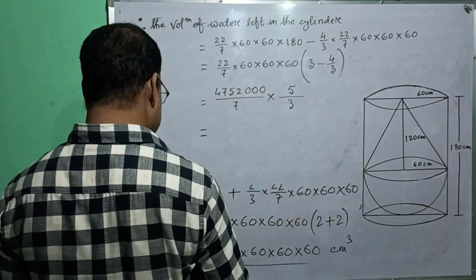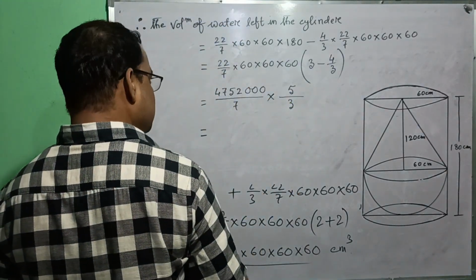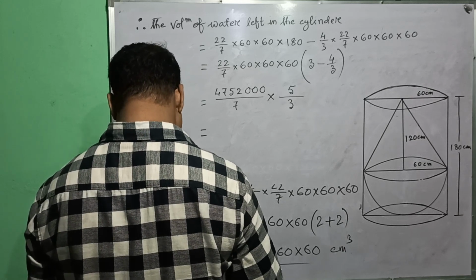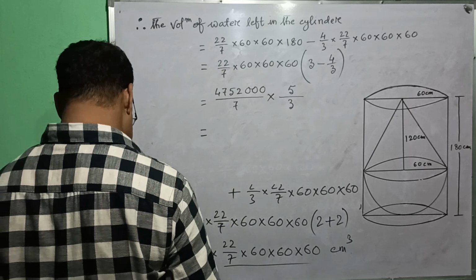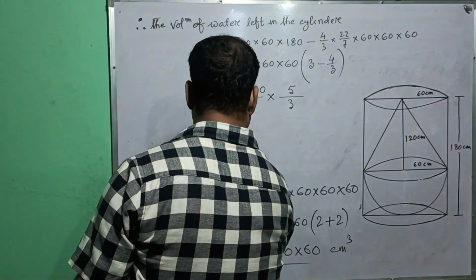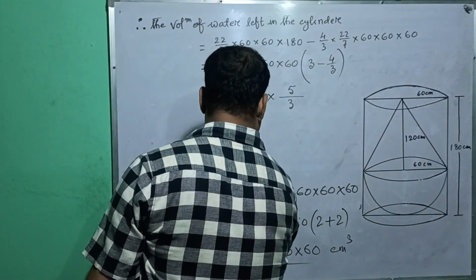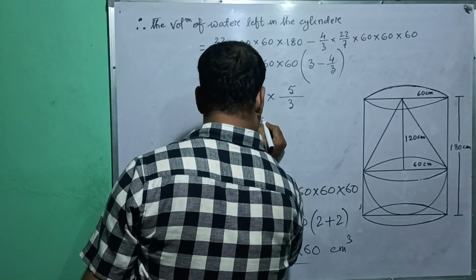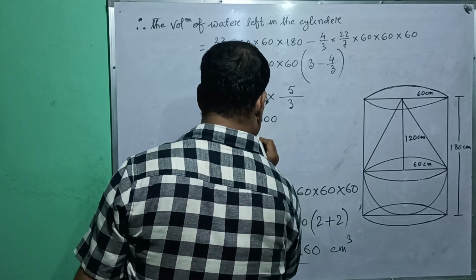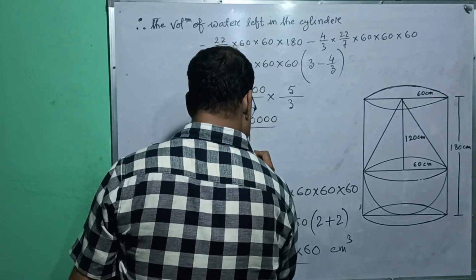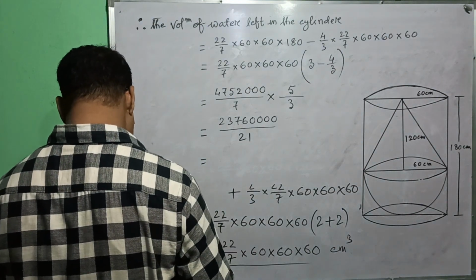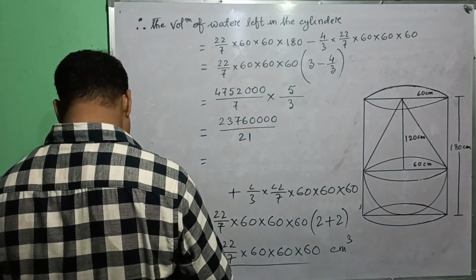Now let us multiply that one by 5. 4752000 into 5 equal to 23760000 divided by 21, equal. Now we have to divide it by 21.